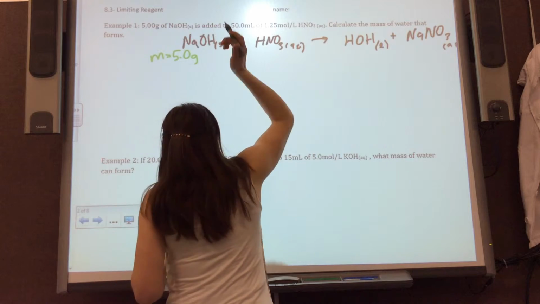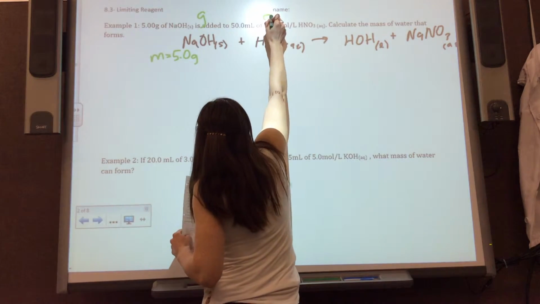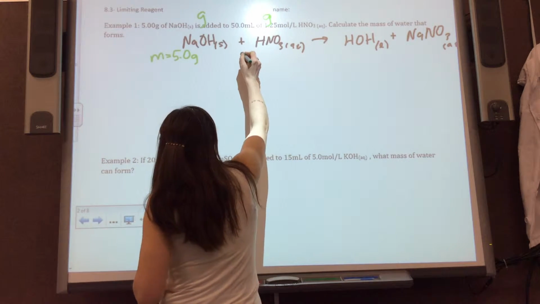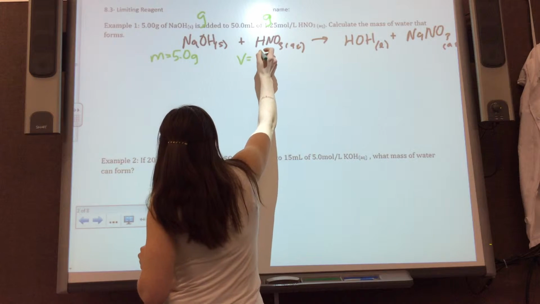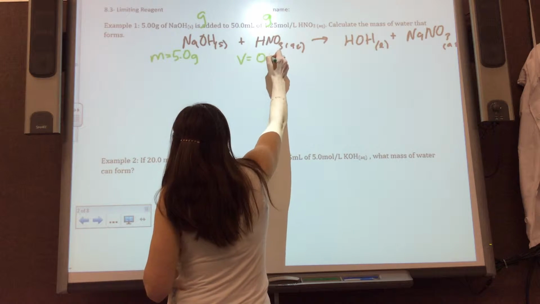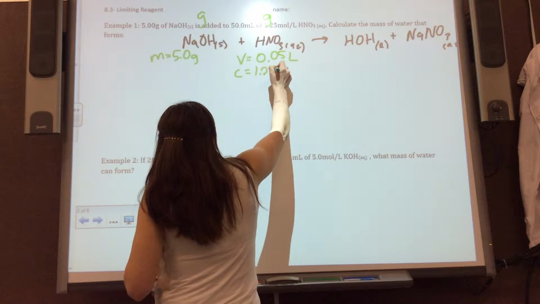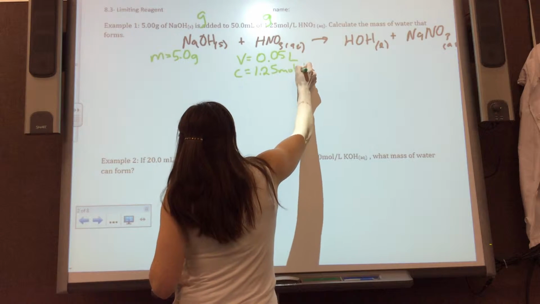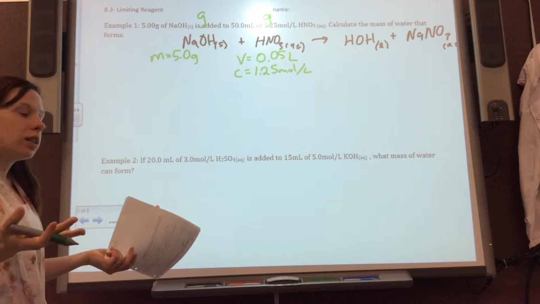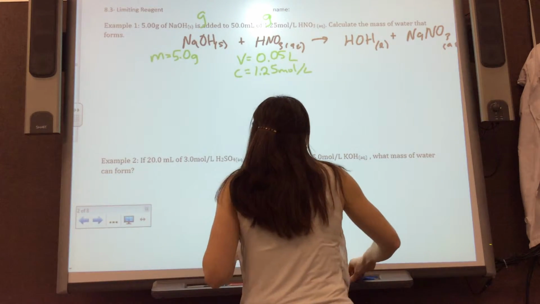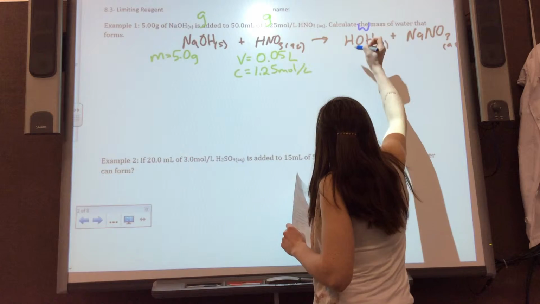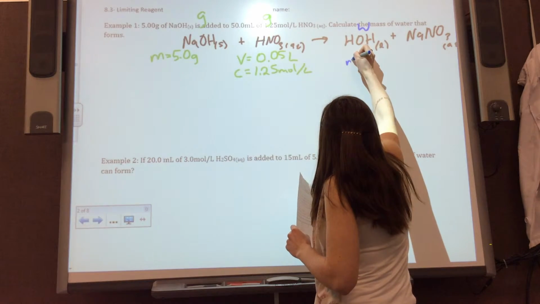But we're also given information about our acid. So this is different. We've never had a question where we've been given 2 givens. So we have 2 givens and 1 wanted. Here, we want to find information about the water.